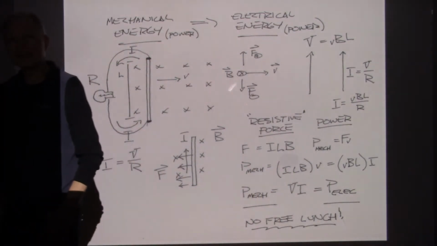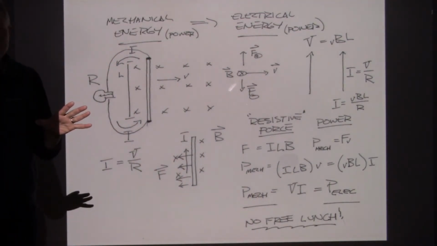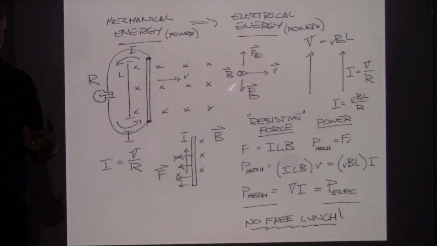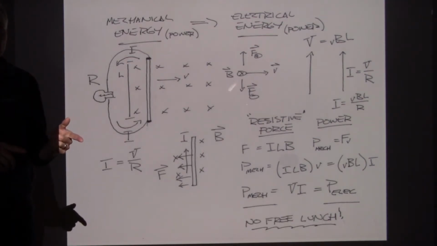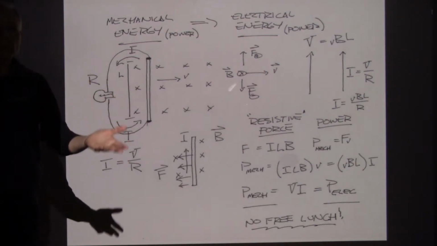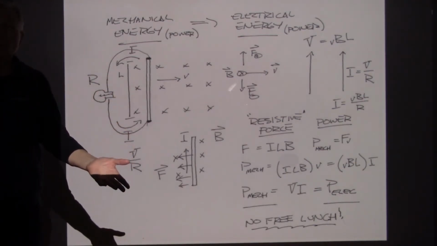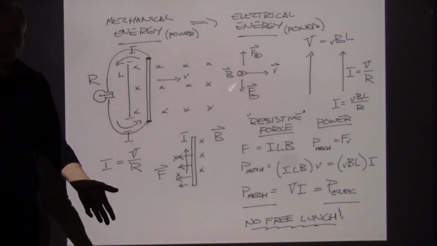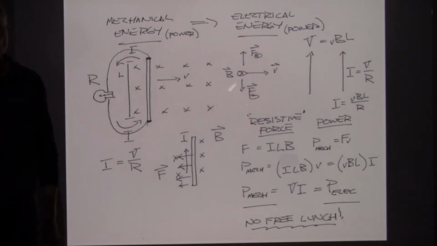So what we've shown here is if we build the perfect generator where there's no friction as it spins, we're still going to have to put in some sort of mechanical energy to spin that generator. And for every joule of electrical energy that we produce, we're going to have to put in 1 joule of mechanical energy to keep the generator moving.